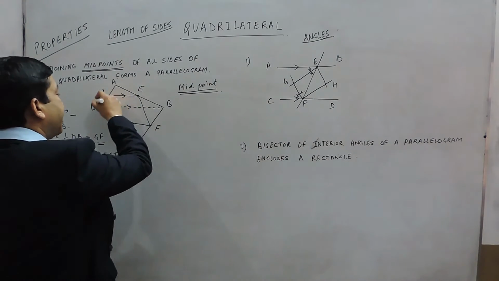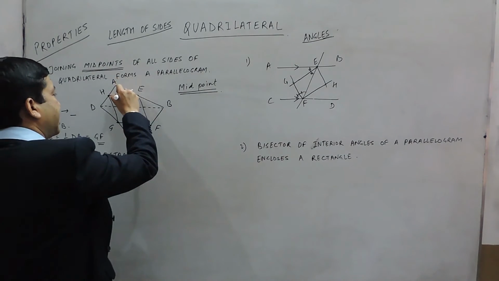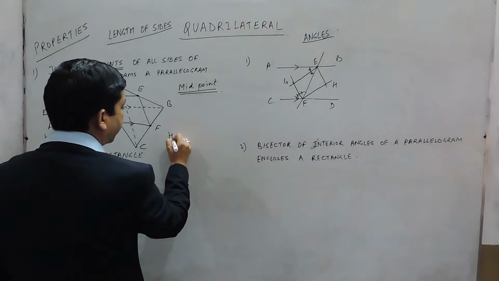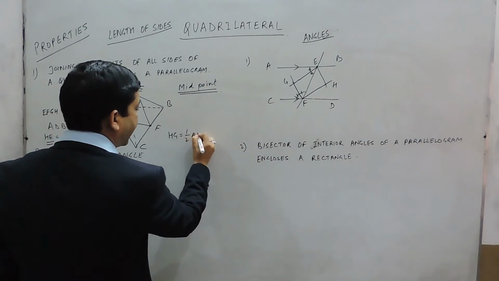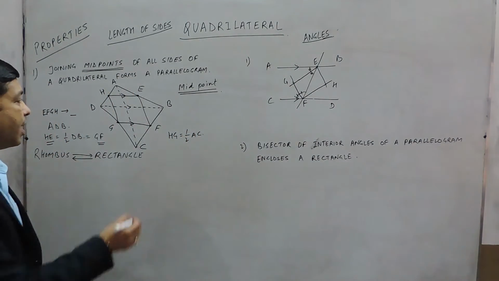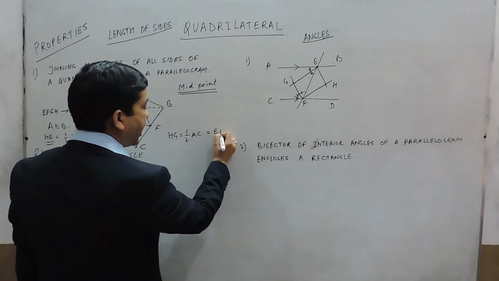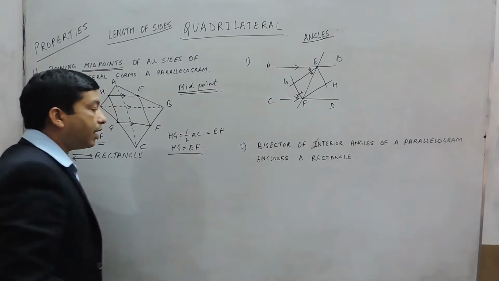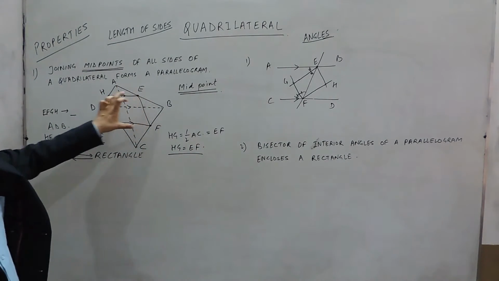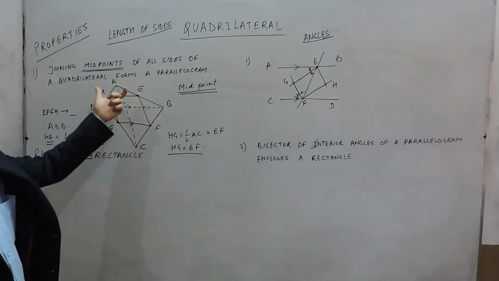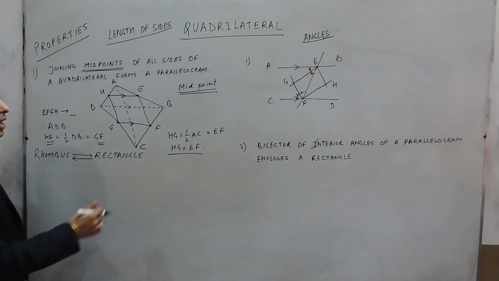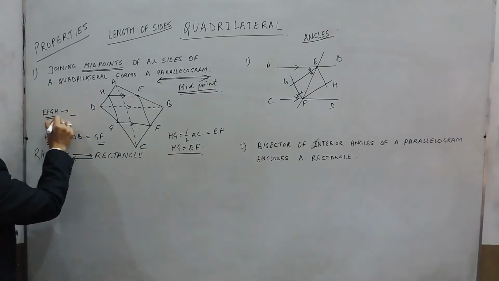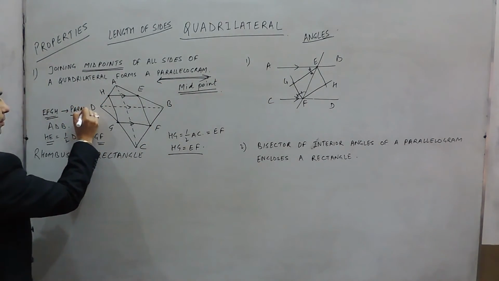Same way, if we divide the quadrilateral ABCD into two parts by joining AC, then HG must be equal to half of AC by the midpoint theorem, as well as EF. So HG and EF are both equal. And if EF is equal to GH and GF is equal to HE and they are parallel to each other, definitely they will form a parallelogram. This figure EFGH is a parallelogram.